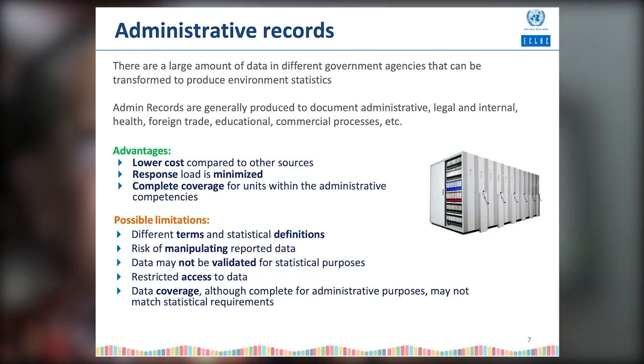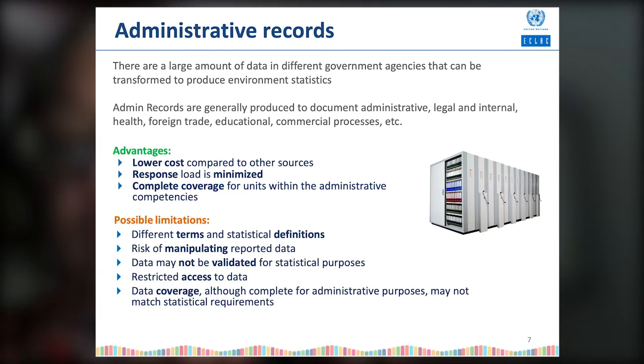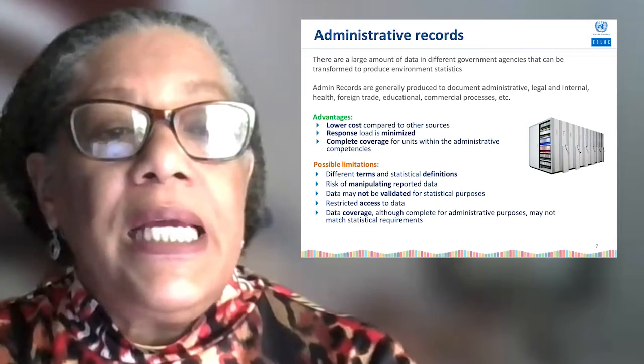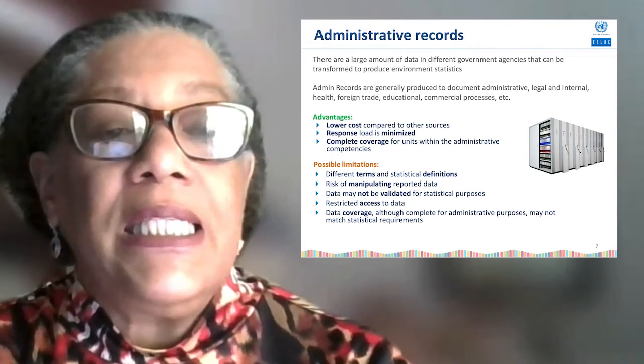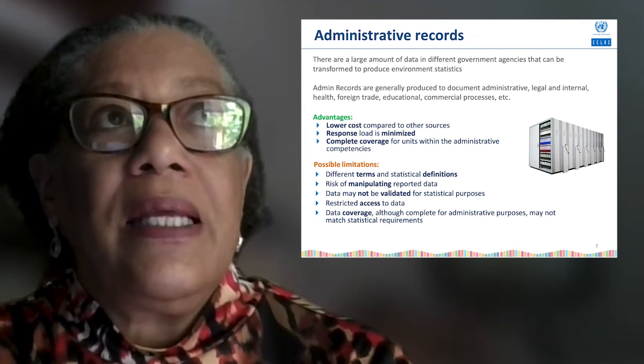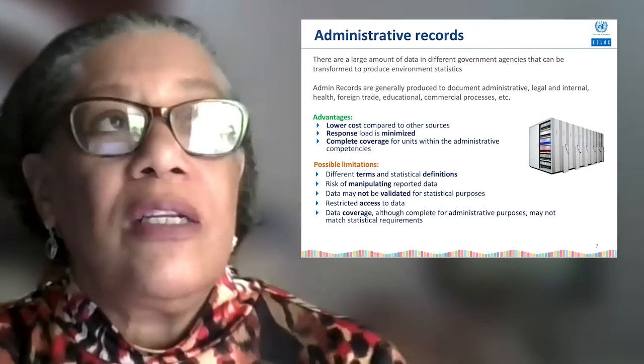There are some limitations, such as there may be different terms and statistical definitions when you compare the administrative data to the needs for the environment data. There's a risk that the data can be manipulated. The data sometimes may not be validated for statistical purposes, as well as for environmental reasons.